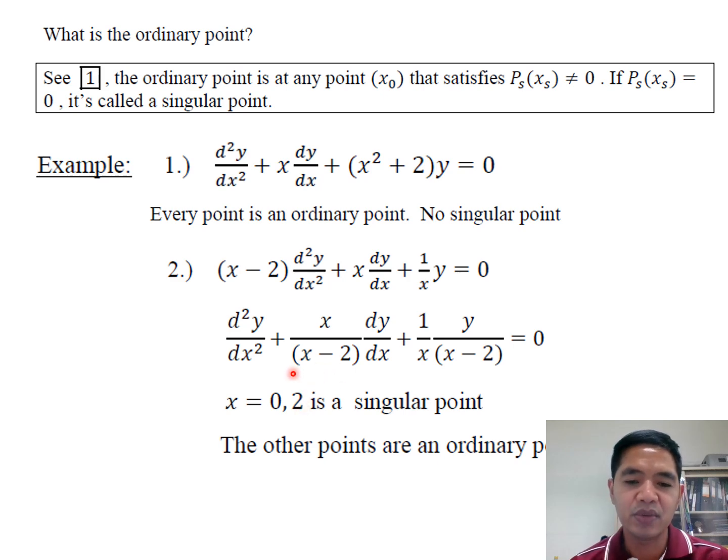So whenever we have something like this, numbers like 0 and 2 are singular points. It can be any other numbers, depending on the p(x) function. In this case, 0 and 2 are singular points, and the other points are ordinary points. So you have to know what an ordinary point is and what a singular point is.